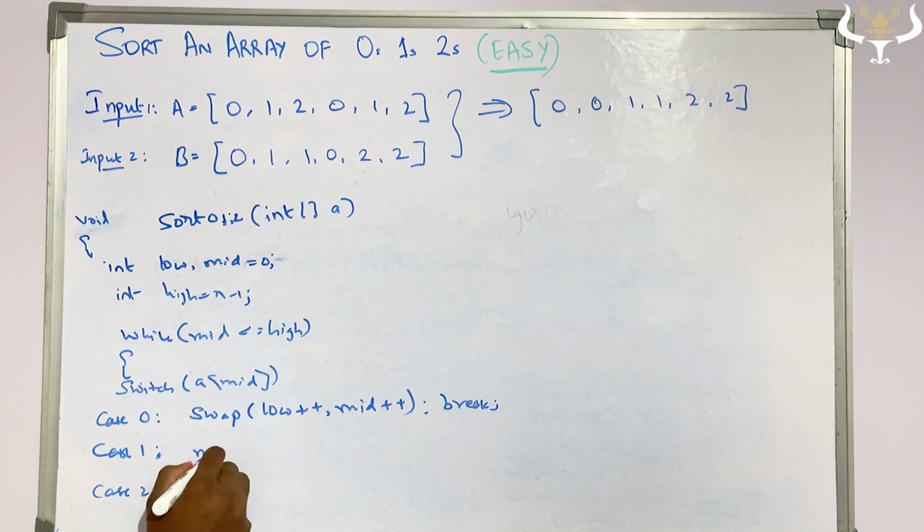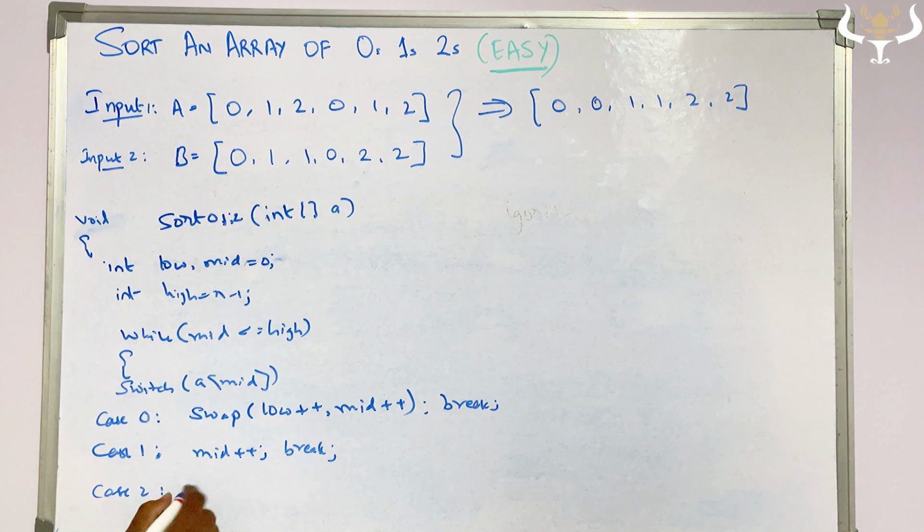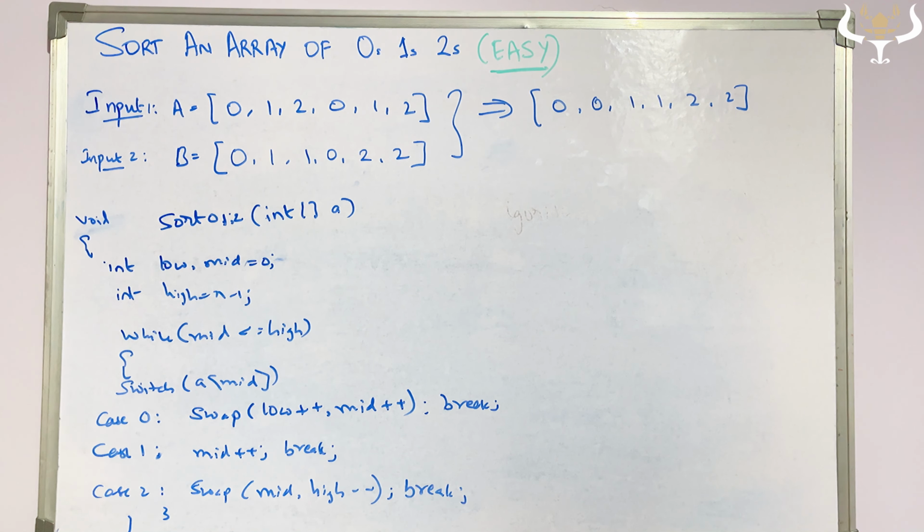In case of 1, I'll just have to increment my mid and break. In case of 2, I'll just have to swap my mid and high, decrement my high value and give a break. So this will actually sort my array of 0, 1 and 2.